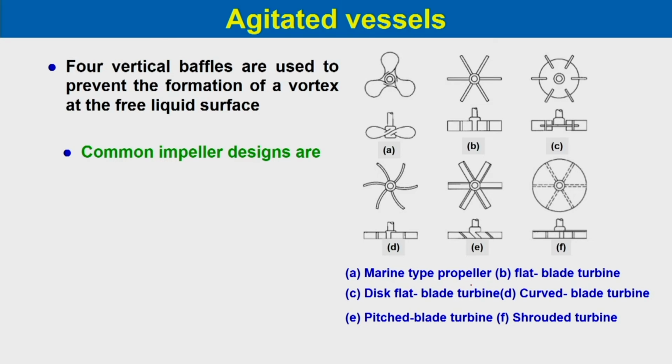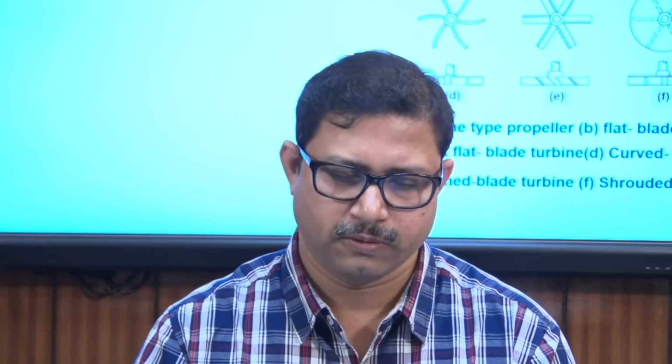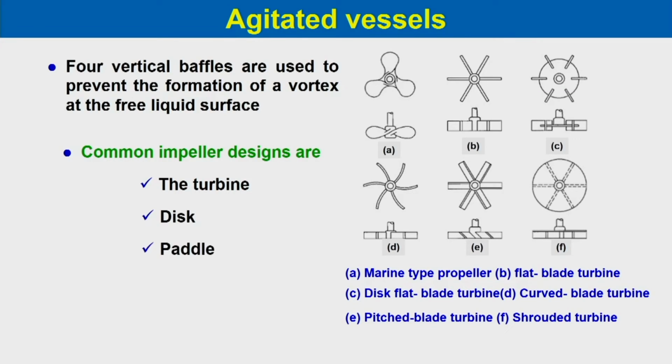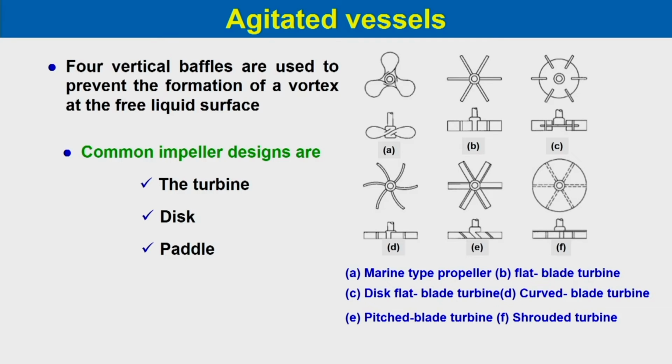One is the marine type propeller, then flat blade turbine, disc flat blade turbine, curved blade turbine, pitched blade turbine and shrouded turbine. So, different types of impeller design are there to improve the agitation in the liquid phase where the gas is dispersed. Turbine, the disc, paddle, these are the main types in impeller design.